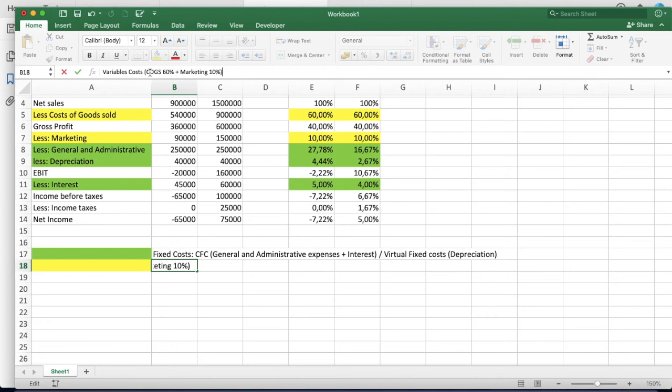Which means that overall the variable costs represent 70% of the sales. Variable cost represents 70% of sales.